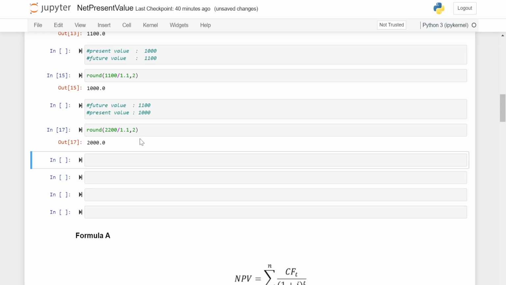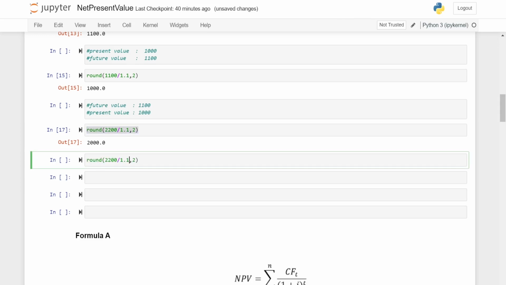So whatever we are going to gain, that is 2200, and the present value is only 2000 rupees, which means taking up this project makes no sense if the risk-free interest is considered to be 10%. However, if we consider 8%, then what will happen?